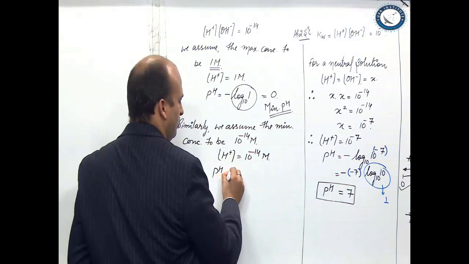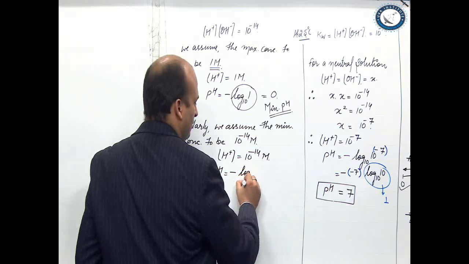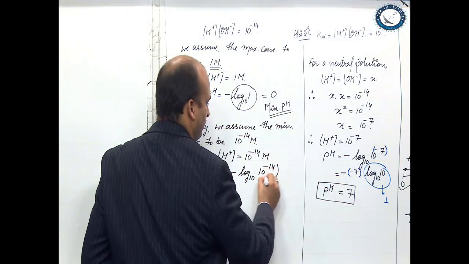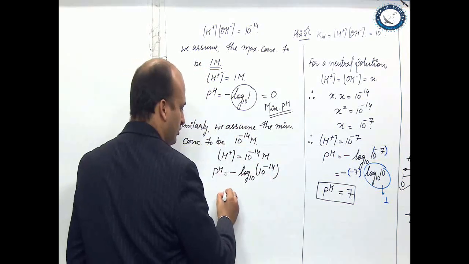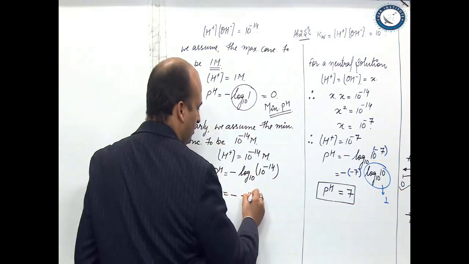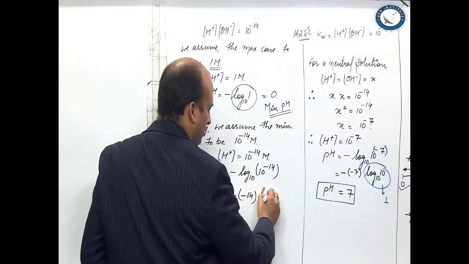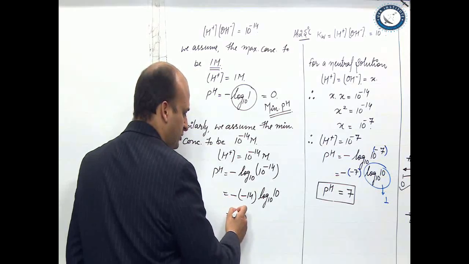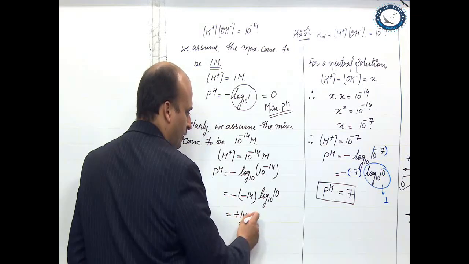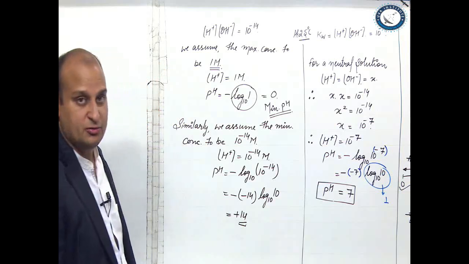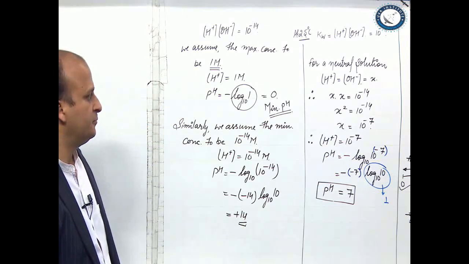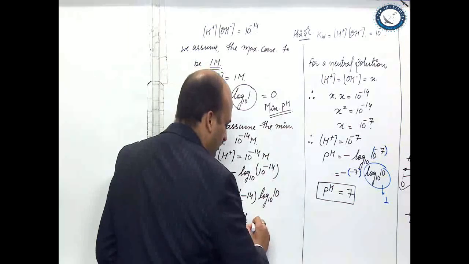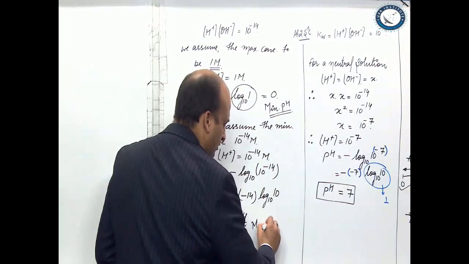So pH will be equal to minus log to the base 10 of 10 raised to power minus 14. So this will be written as minus of minus 14 log 10. So minus minus is plus 14 and log 10 is 1. So pH will be 14. So this is the reason why, and if this is the minimum value, this will be the maximum pH.